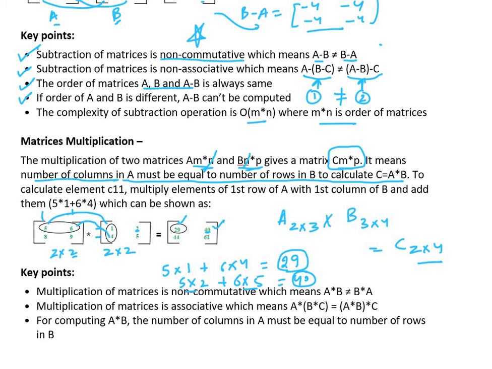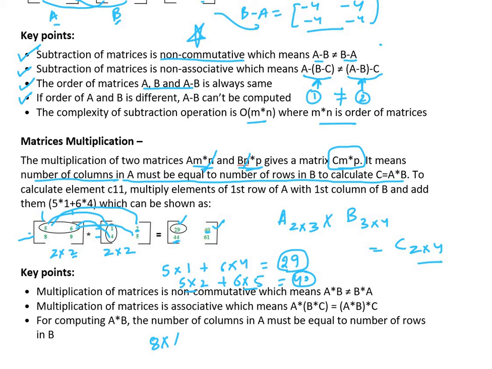So I got the 40. So this is the process of this one with this one and this one with this one, right? So this is the process of doing the multiplication, right?